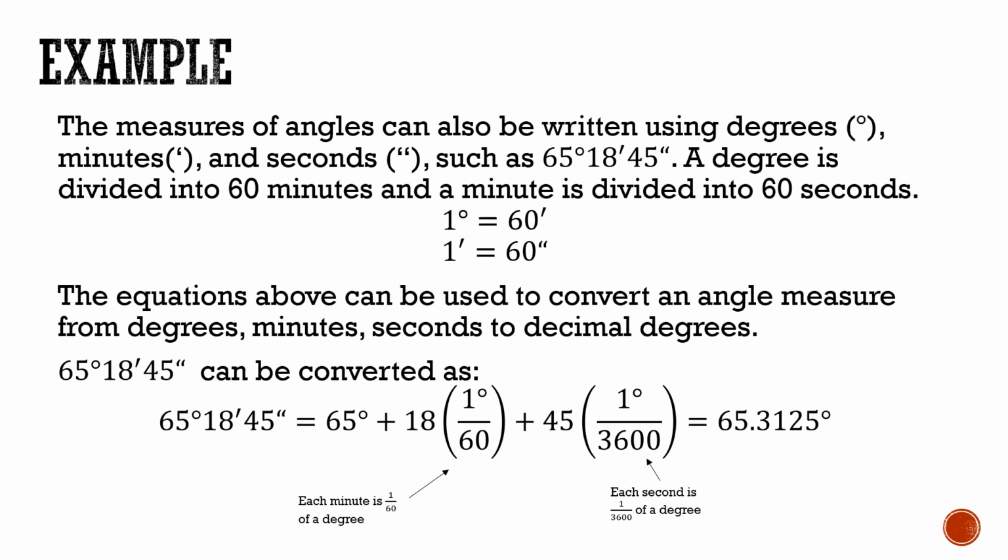Each minute is 1 over 60 of a degree. Each second is 1 over 3600 of a degree. Therefore, in decimal, that is 65.3125 degrees.